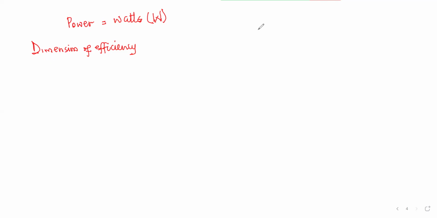Very good. So efficiency is basically work output over work input, expressed either as a percentage or fraction. So the dimension of work output will cancel out that of work input, and so efficiency wouldn't have any dimension. It is a dimensionless quantity. Class, are you okay? Yes, sir.